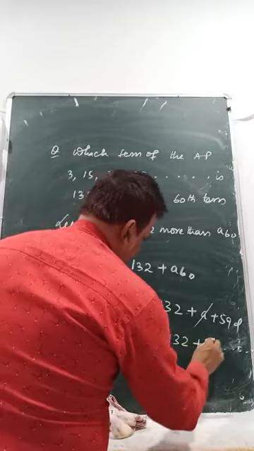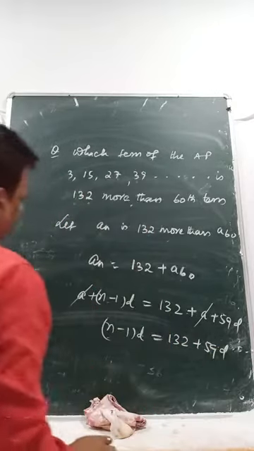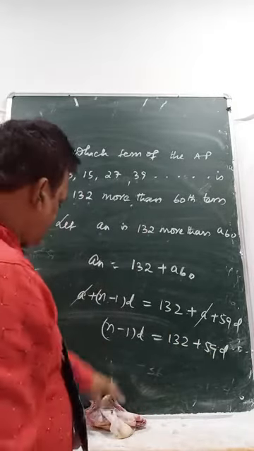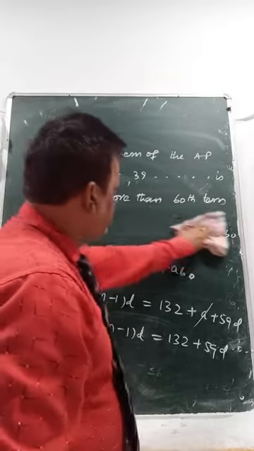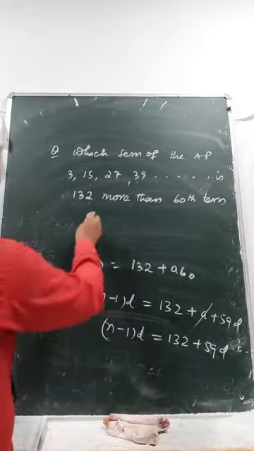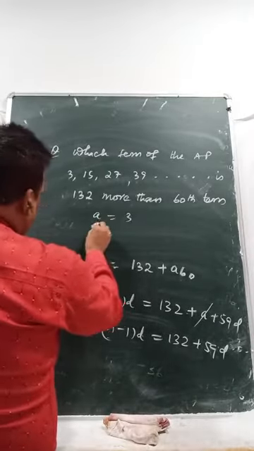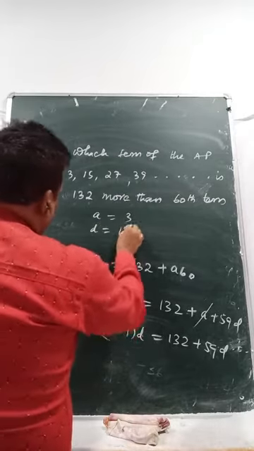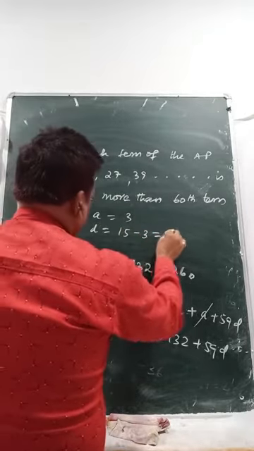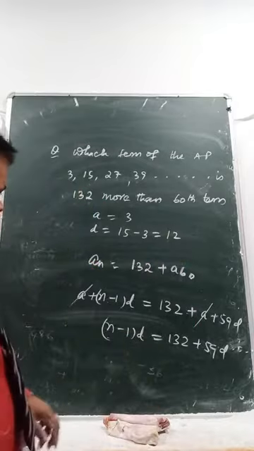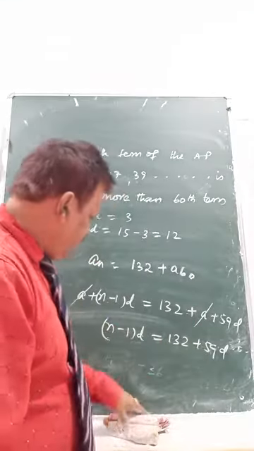Okay, come back to the series now. What is given? What is A? A is 3. What is D? 15 minus 3, that is 12. So D will put 12 now.